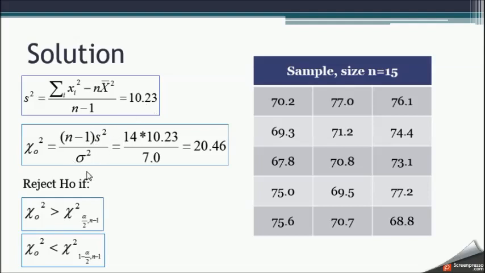Here we have the sigma square, which is the hypothesized variance of the population, which is 7.0. So now we calculate chi-naught square to be 20.46. So with the same methodology, here we will reject the null hypothesis if chi-naught square is larger than the critical value here, or chi-naught square is less than the critical value to the left.